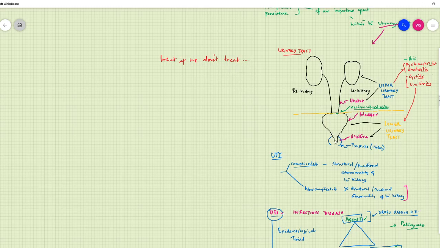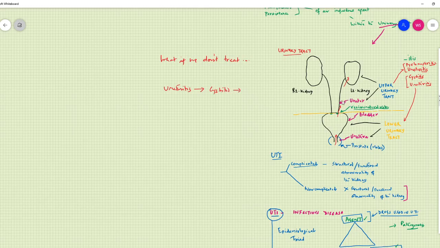This infection usually ascends from the urethra and reaches the bladder. From the bladder, the infection ascends into the ureter, and finally it enters the kidney. So we have urethritis, which ascends into the bladder, causing cystitis.